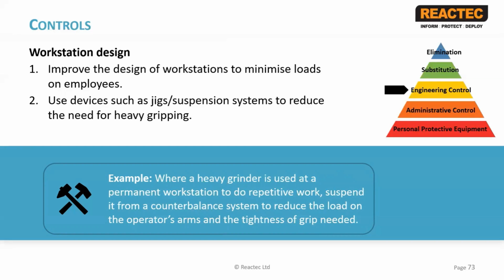The more heavily a tool is gripped, the more vibration a person will be exposed to. The example given here is a heavy grinder being used at a workstation for repetitive work. Suspend the grinder using a counterbalance system, and that will greatly reduce the load on the operator's arm and the tightness of the grip that he needs when using that grinder.